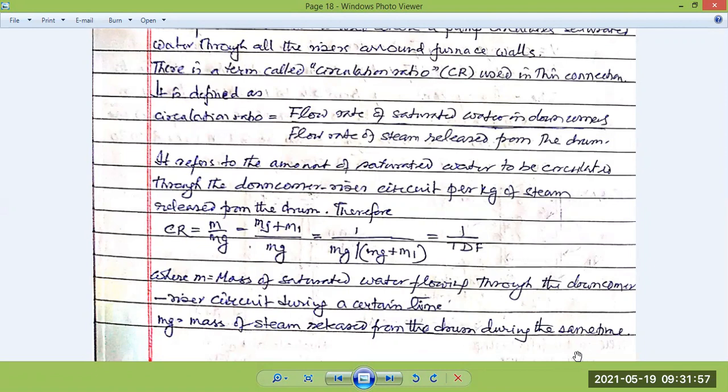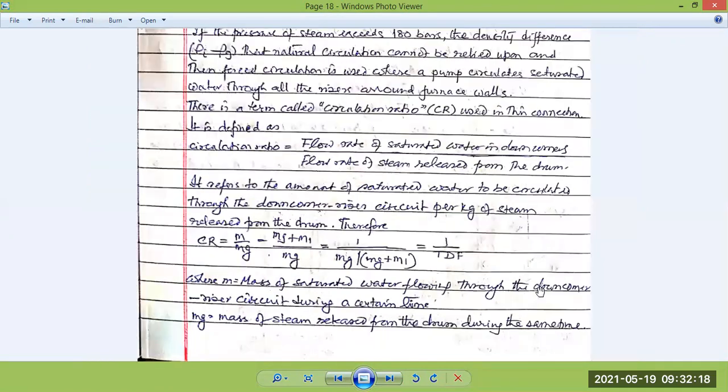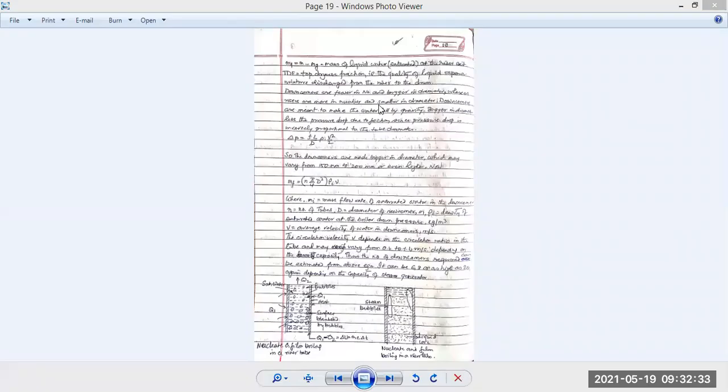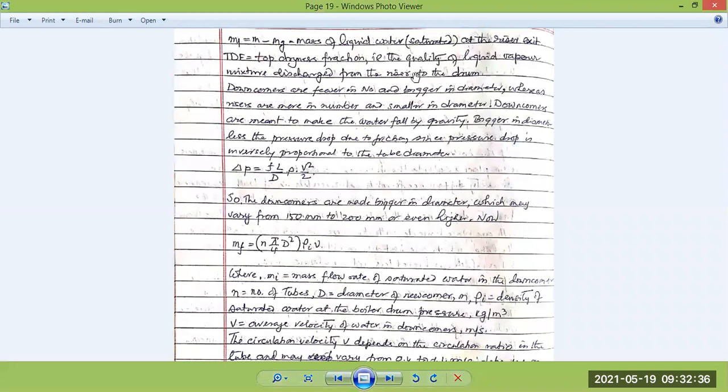Where mg is the mass of the steam released from the drum, as given here, and m1 is the mass of the liquid water at the riser circuit itself.